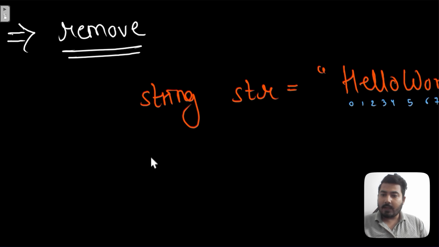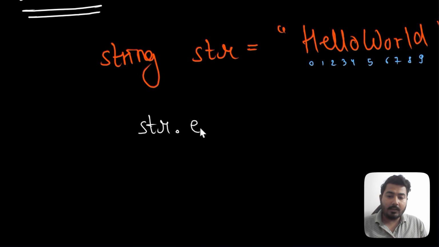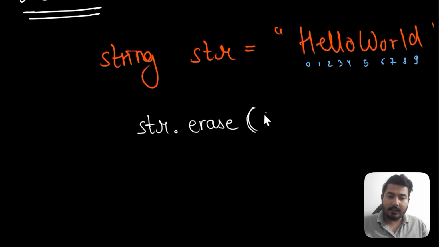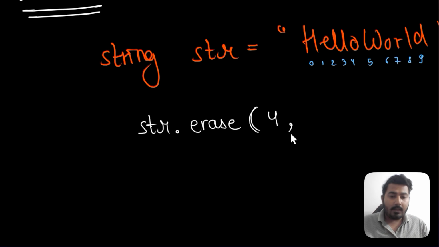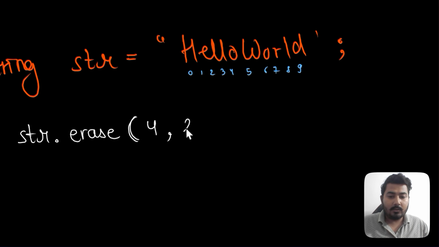I will use an inbuilt function which works like this: str.erase. It also accepts two parameters. The first parameter is from where exactly I start erasing the characters. I will say at index 4. And how many characters do I want to remove? I want to erase two characters.